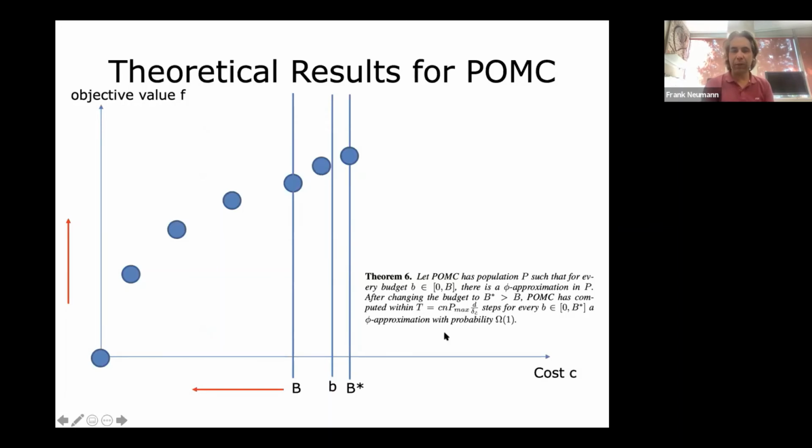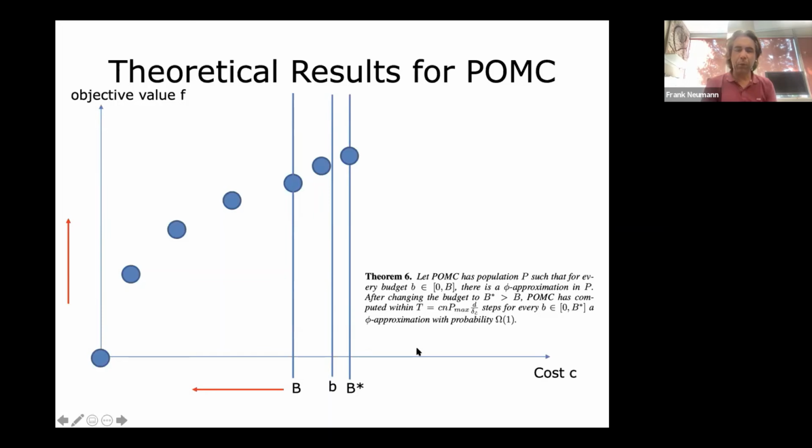And the runtime bound here is always dependent on how many different trade-offs you can get. And if these costs and objective functions can take exponentially many values, then that could be quite large. It also depends on the steps between the different solutions, essentially how many steps you have to take there.